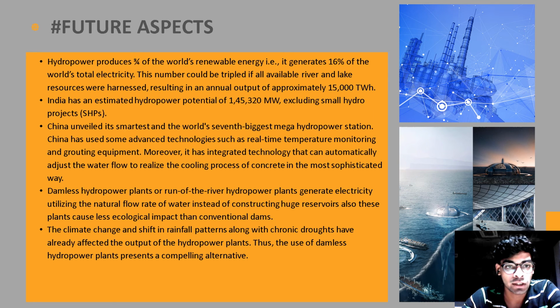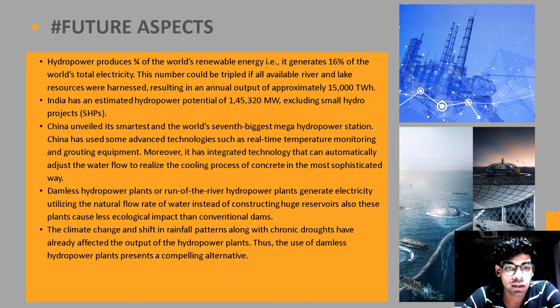China unveiled the world's smartest seventh biggest mega hydropower station. China has used some advanced technologies such as real-time temperature monitoring and ground peaking equipment. Moreover, it has integrated technology that can automatically adjust the water flow to realize the cooling process of concrete in the most sophisticated way.